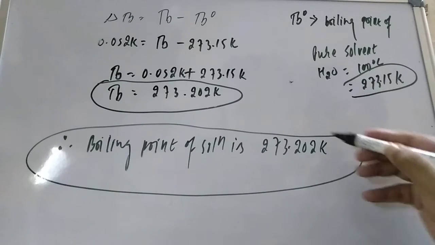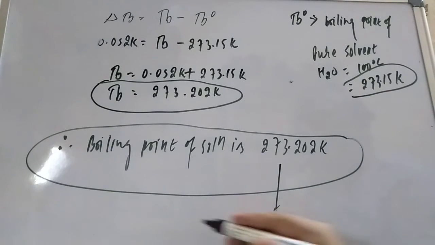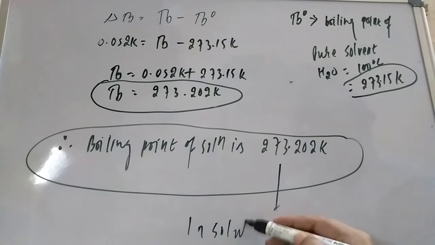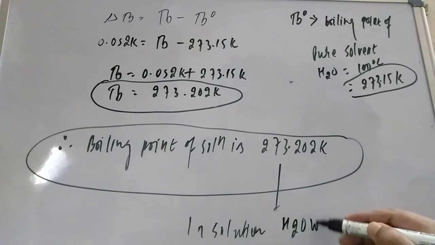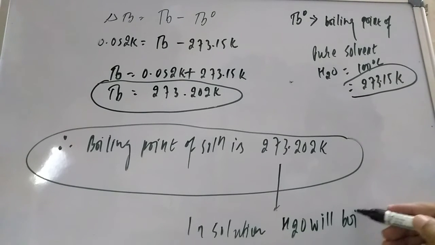So in solution, H2O will boil at 273.202 Kelvin. This is our answer, student.